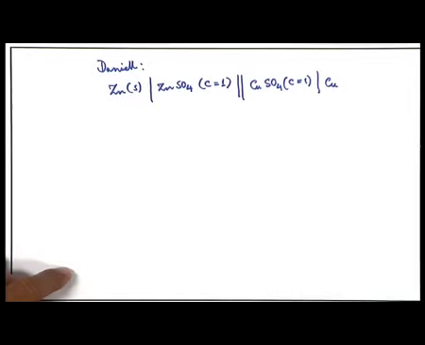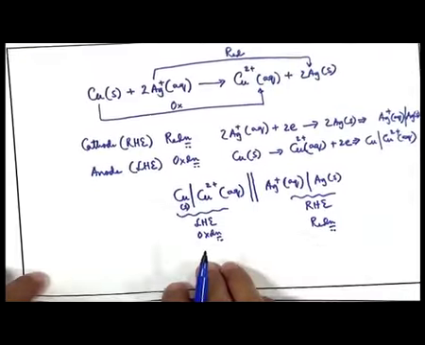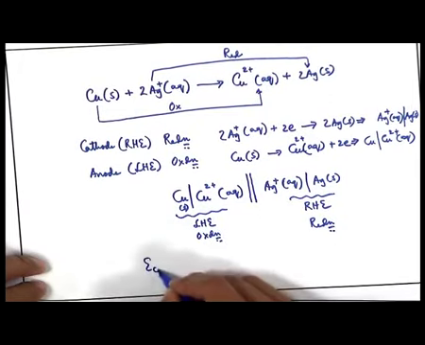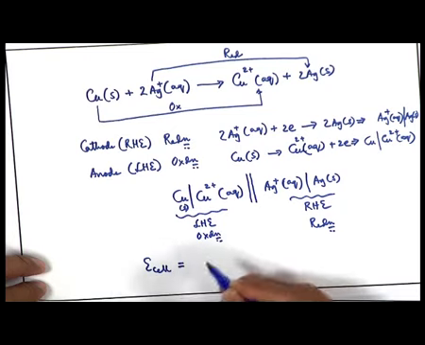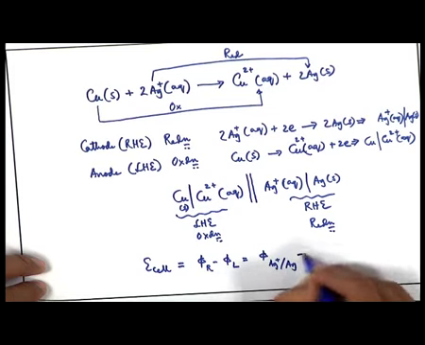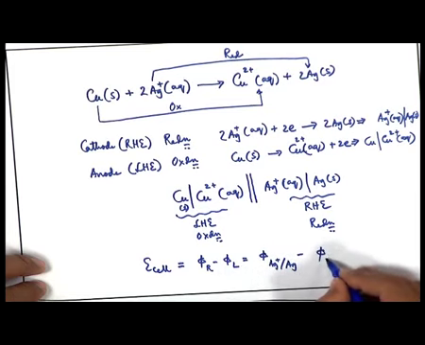For the earlier example, your E cell will be equal to phi right minus phi left, that is equal to phi Ag plus Ag minus phi Cu2 plus Cu.